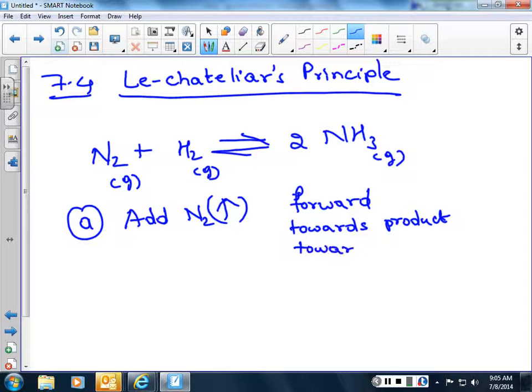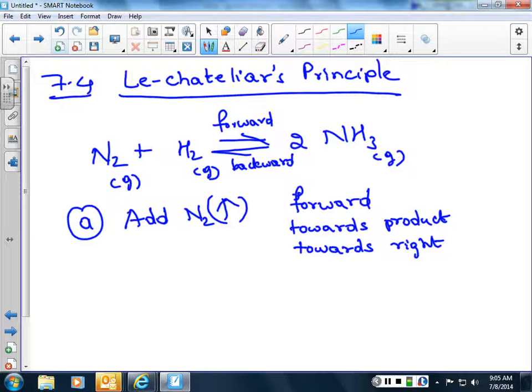These three. This is your forward and this is backward. So forward, toward product, toward right, it's the same thing. Correct?